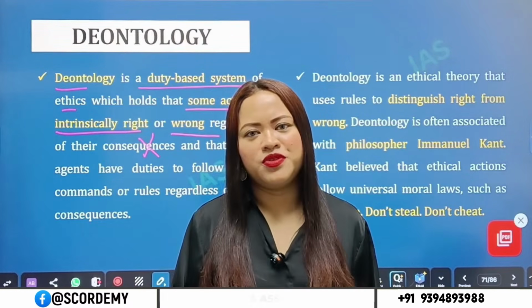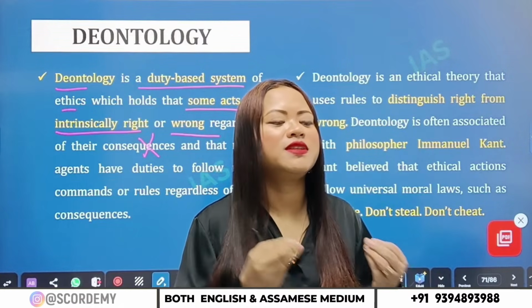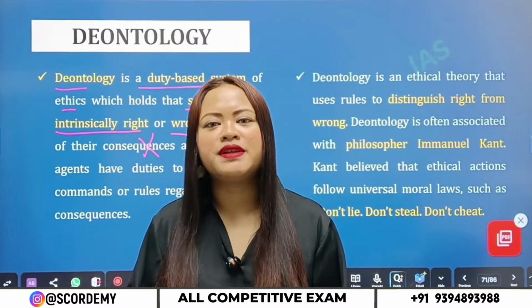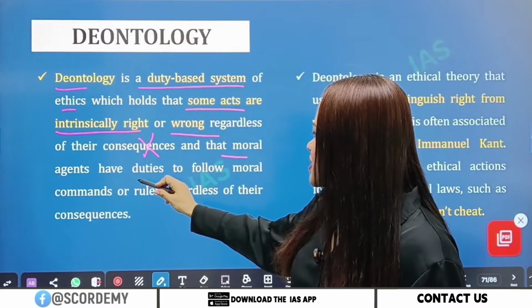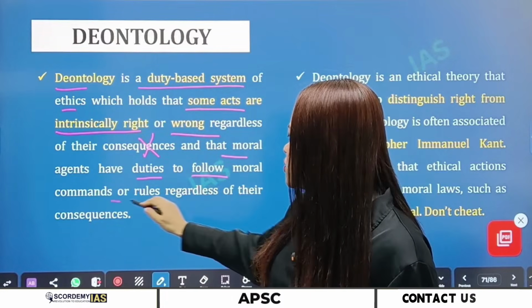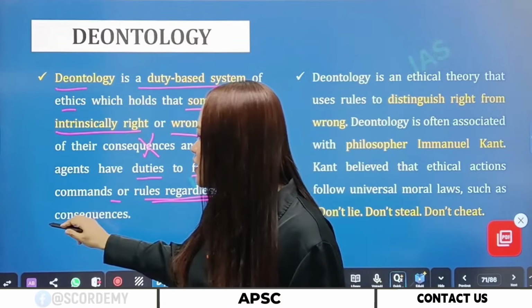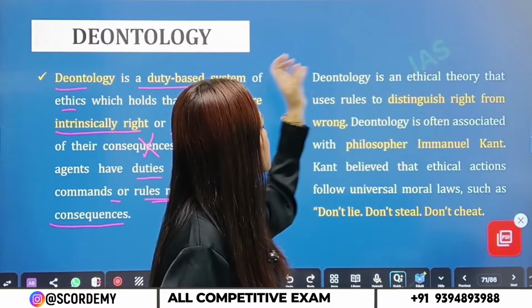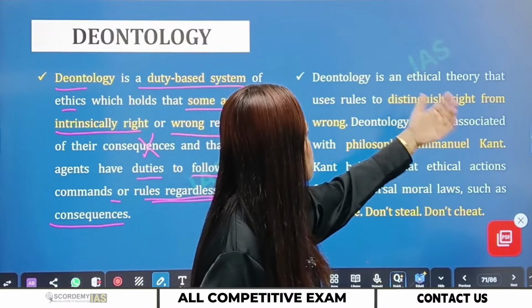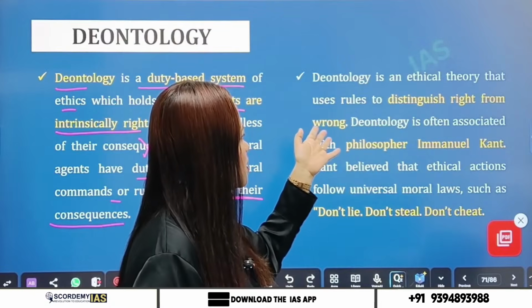Even then, we cannot kill people. Even then, executing a person is incorrect. Moral agents have duties to follow moral commands or rules regardless of their consequences. Now, deontology is the ethical theory that uses rules to distinguish right from wrong. Rules.